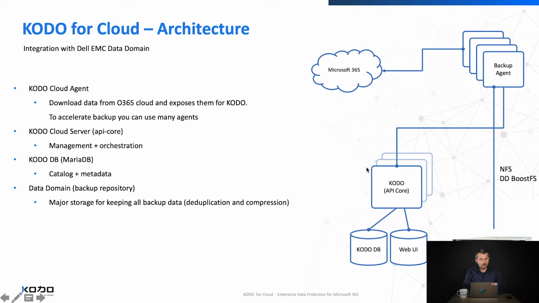And the second option, we get rid of the typical file system, and we give them, for example, Data Domain as a major data bucket where we will store the data. And of course, this Data Domain needs to create the NFS, but also we can use the ddboostfs plugin to do dedup on the backup agent itself and send only the deduped data to the Data Domain.